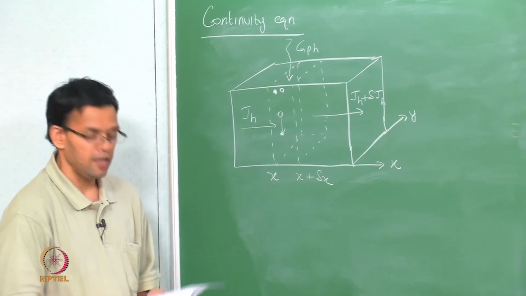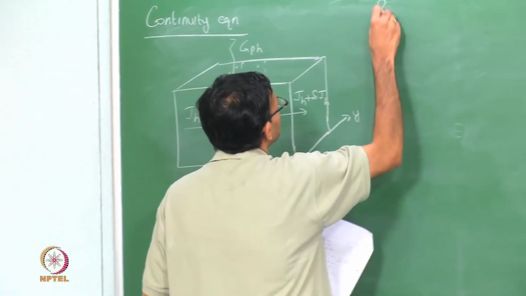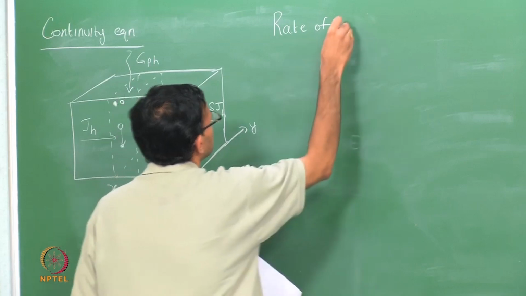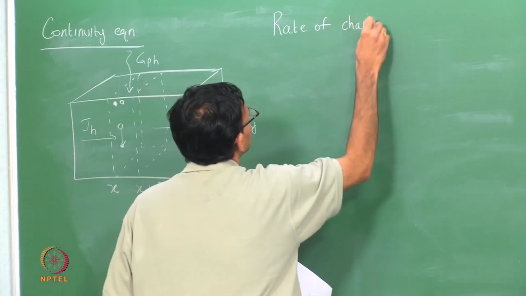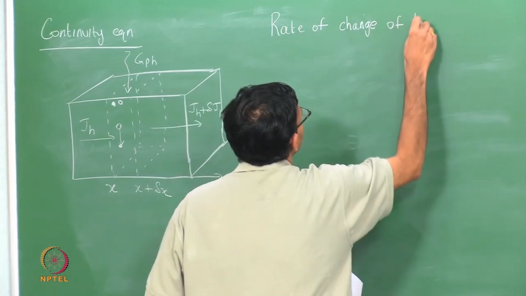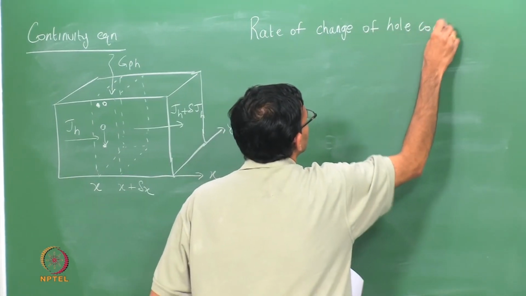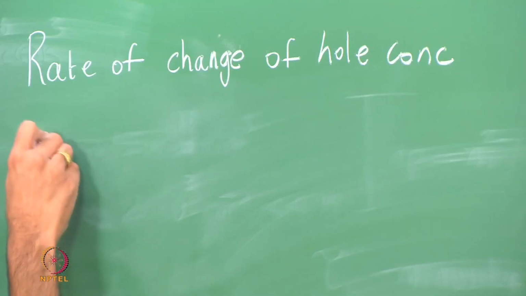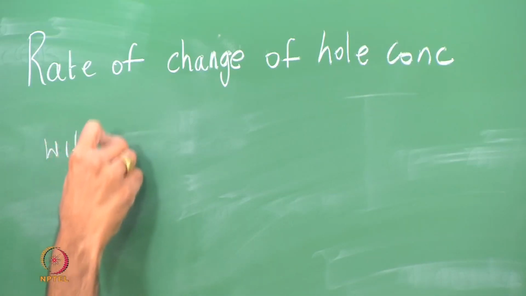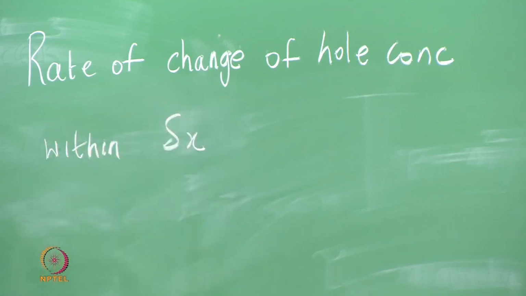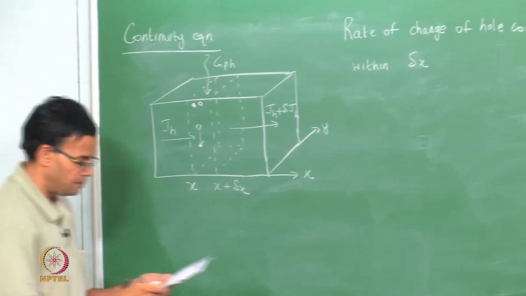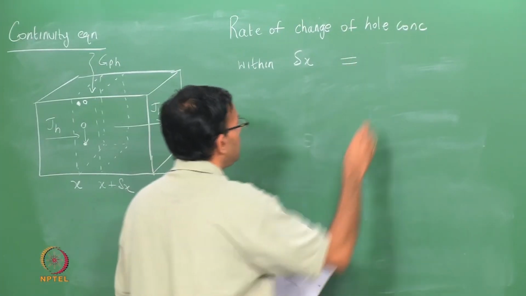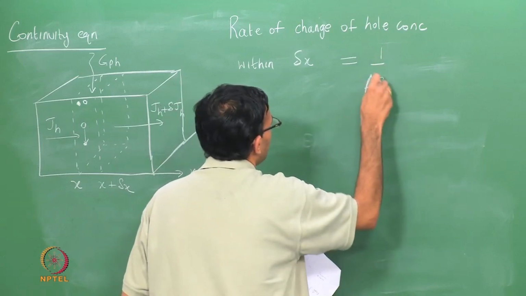So, in this particular case, the rate of change of hole concentration within this portion delta x. So, rate of change of hole concentration within delta x, which is a small region of the slab, is nothing but 1 over A delta x.